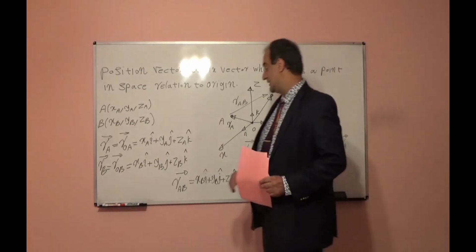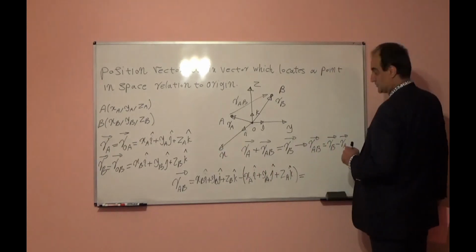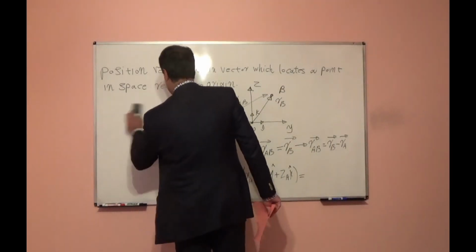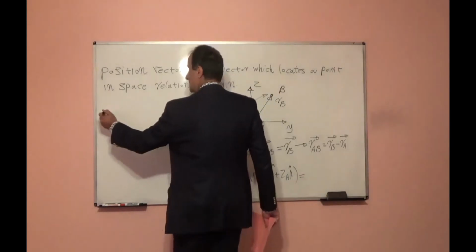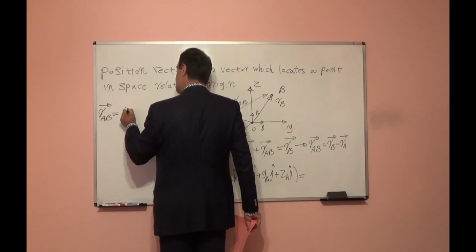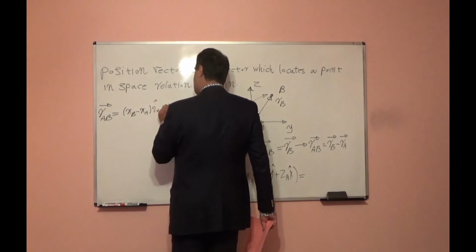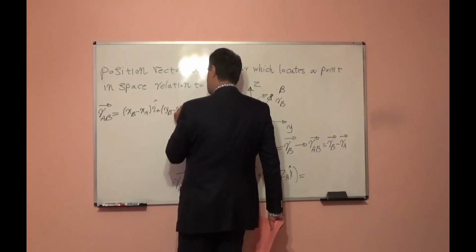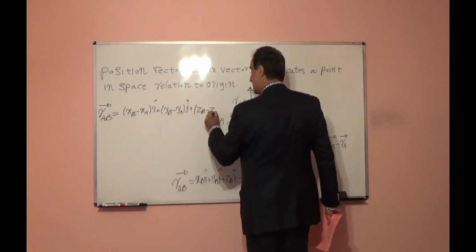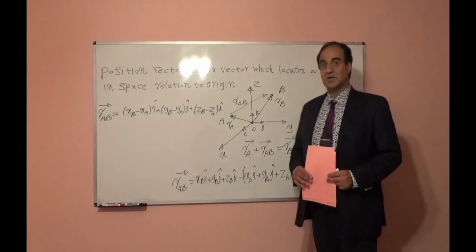So it will be coordinate of B minus coordinate of A. From here I can write rAB will be equal to (xb minus xa) i plus (yb minus ya) j plus (zb minus za) k. This is about position vector.